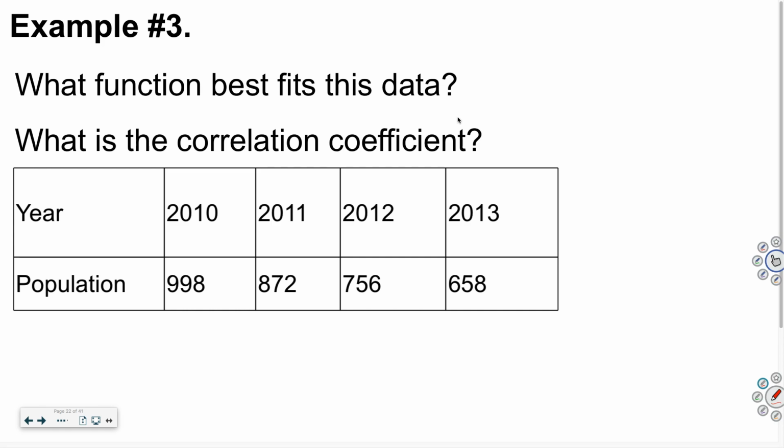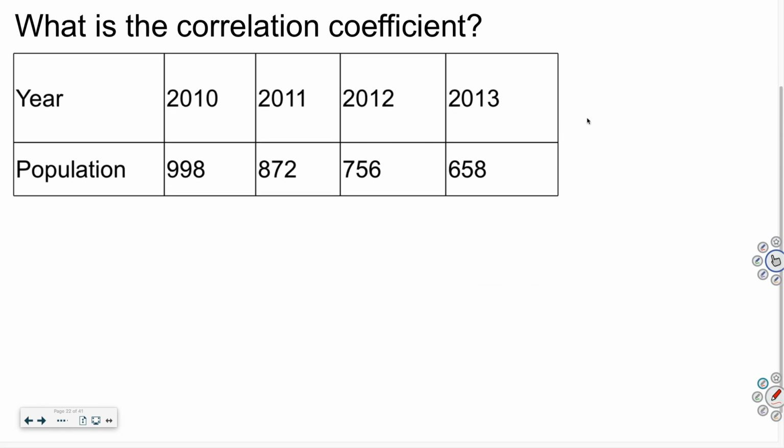All right, so what function best fits this data? We need to do a comparison. In our calculator, we'll have L1 and L2. For the years, this is going to be years 0, 1, 2, and 3.